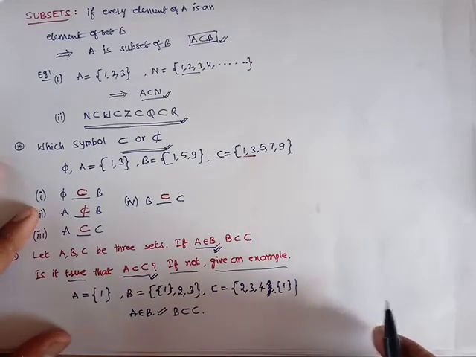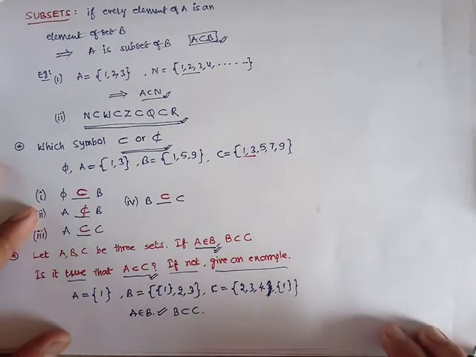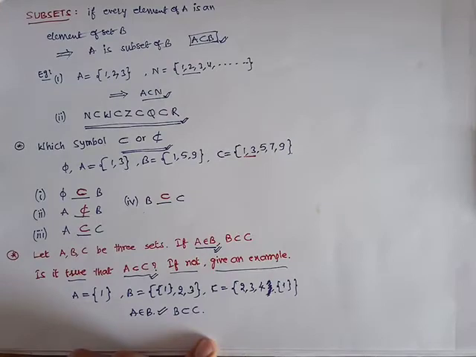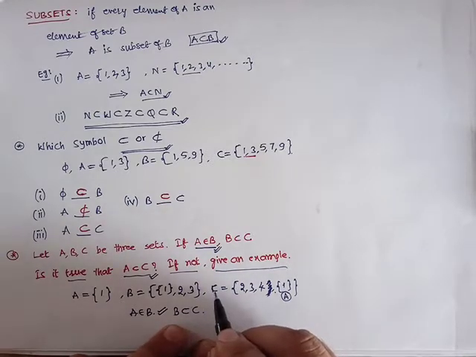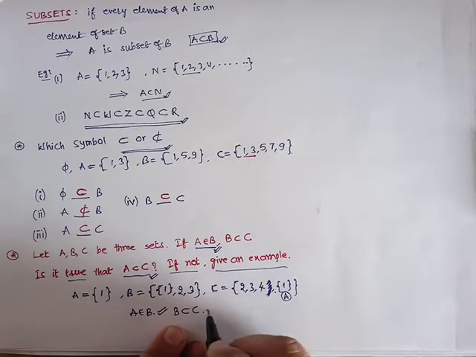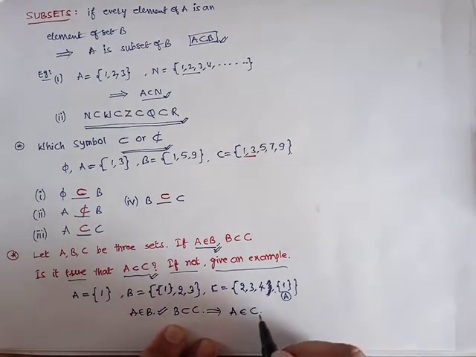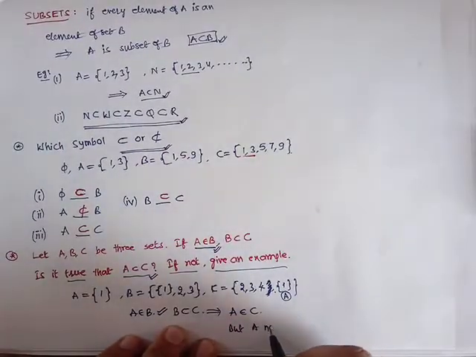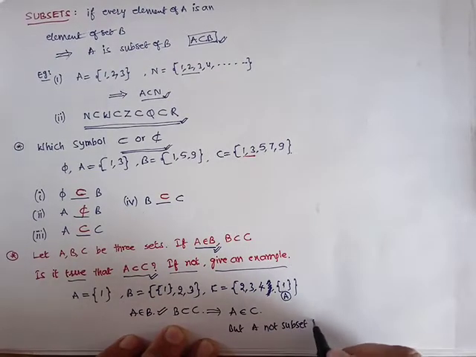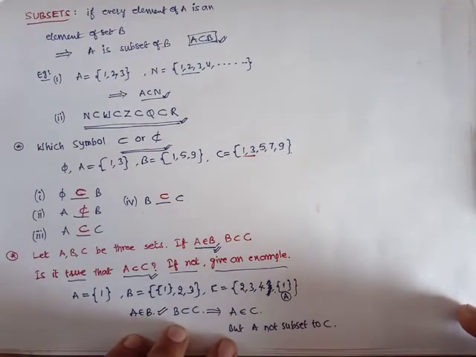To say A is a subset of C, here A is the set {1}, but it is an element of C. So it is an element of C, meaning A is already inside of C. Then A belongs to C. So this implies I can take A belongs to C, but it is asking that A is a subset of C. A belongs to C, but A is not a subset of C.